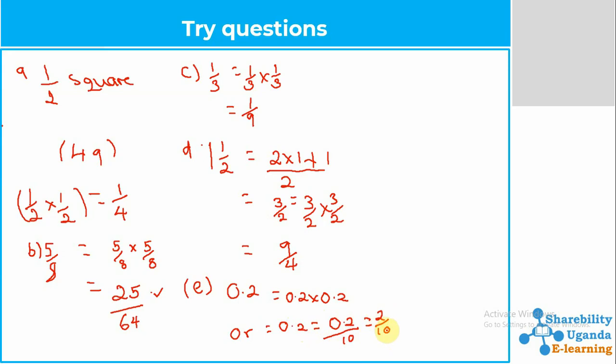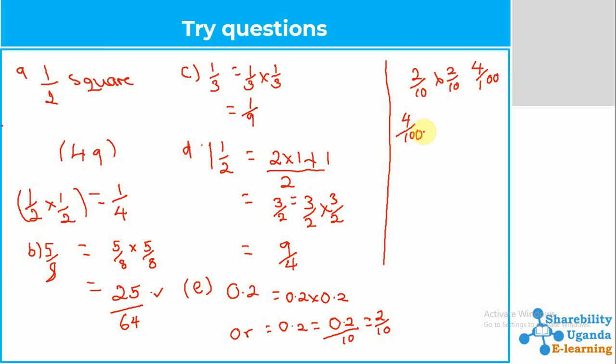So if we multiply this, we can come up with our answer. Our answer now can be 2 out of 10 times 2 out of 10. This is the same as 4 out of 100.